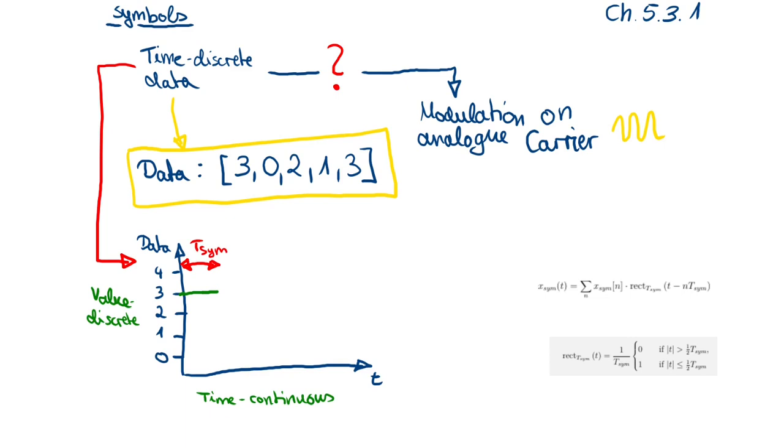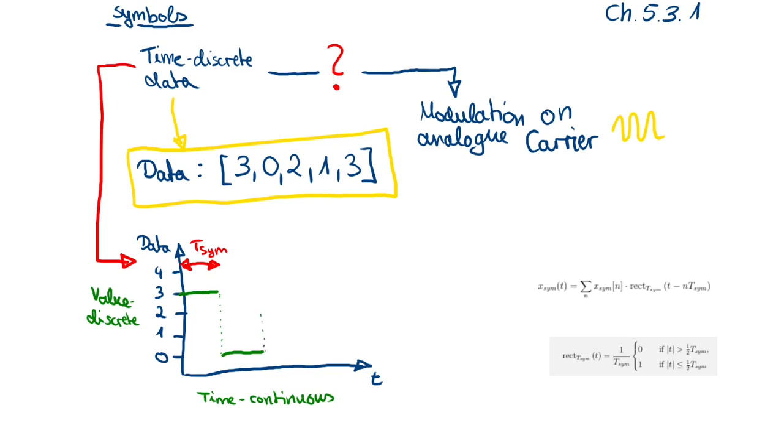And each symbol has the same symbol period. So the next value is 0. So our value drops to 0. And this value is also retained for the whole symbol period.